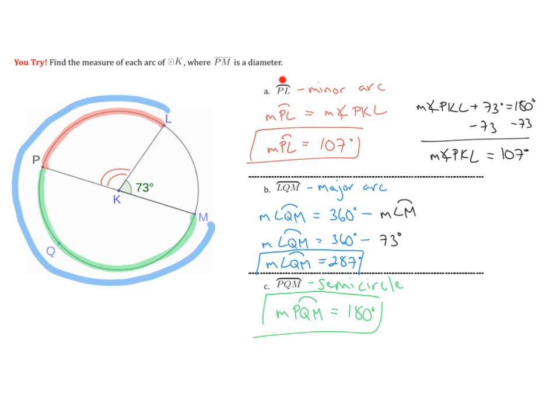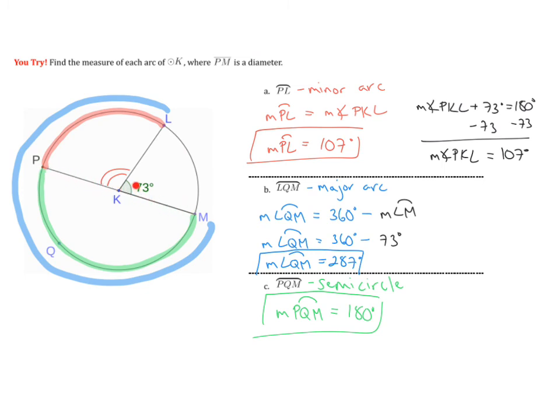First of all, arc PL is over here. Now, the central angle that is given, though, is angle LKM. So we run into a dilemma because I have the measure for arc LM, but I don't know the measure for arc PL. However, in the problem, they tell us that segment PM is a diameter. It's a straight line segment.